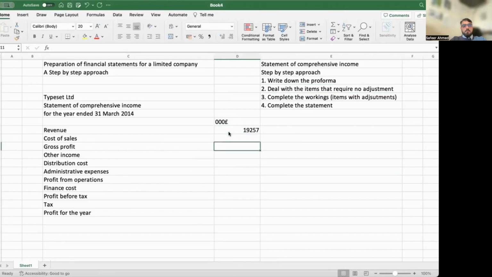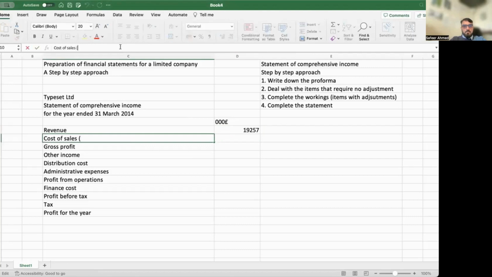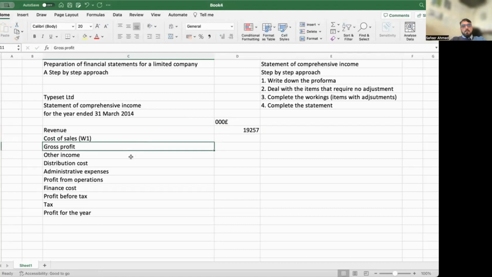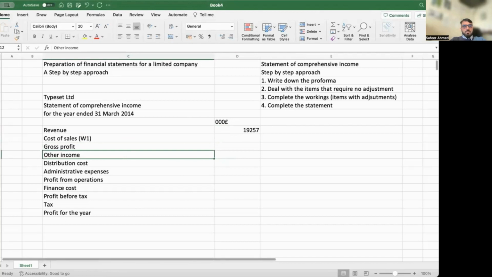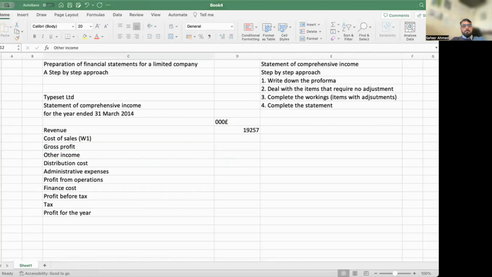Cost of sales, perhaps we will need to do some calculation. So I'm just going to use working one to explain that to you, but I want to deal with any other items that do not need any adjustment.